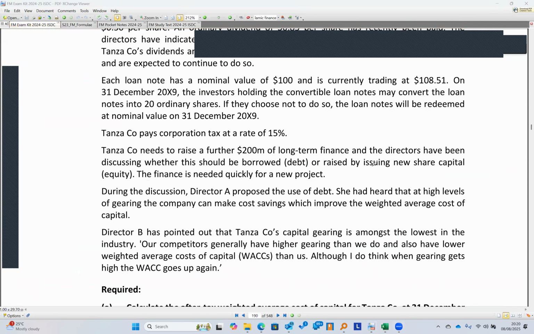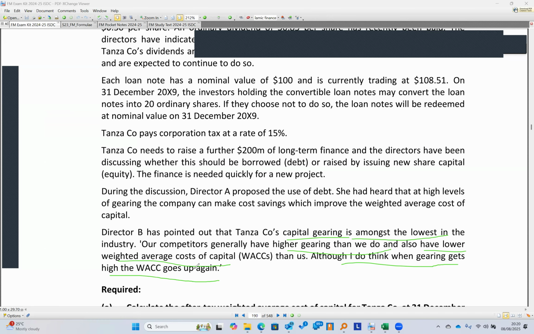Director B is saying that we have very low gearing, and our competitors have higher gearing than we do, but also have lower weighted average cost of capital than us. But they don't think that as gearing gets high, the WACC goes up.